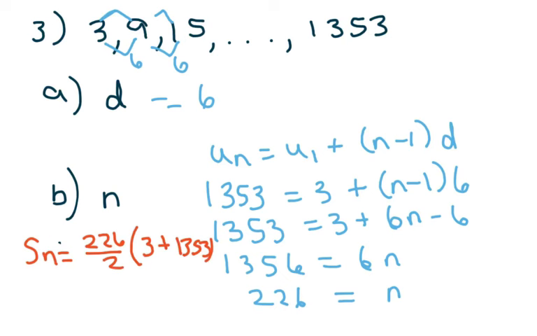You can see where this is pretty easy. This would be 3. This would be 1353. So my total number is 153,228.